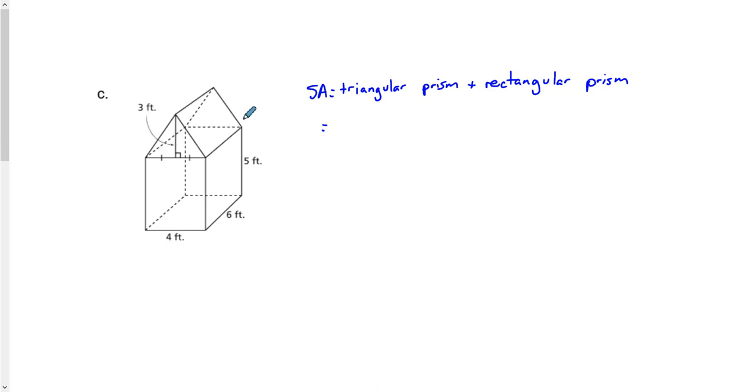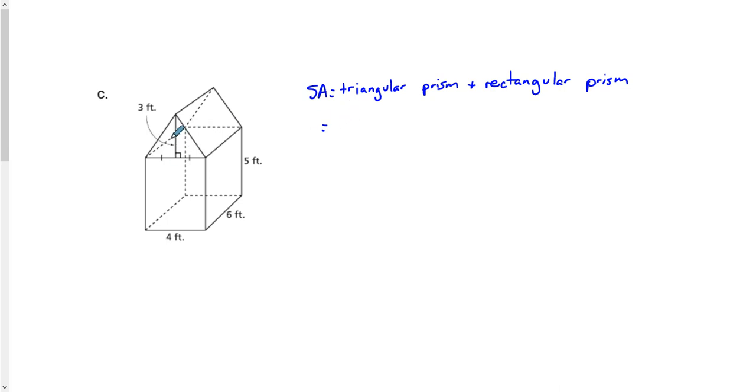The only issue, though, is in our triangular prism, this one rectangular side is not exposed. At the same time, the rectangular prism, that same side, is not exposed.